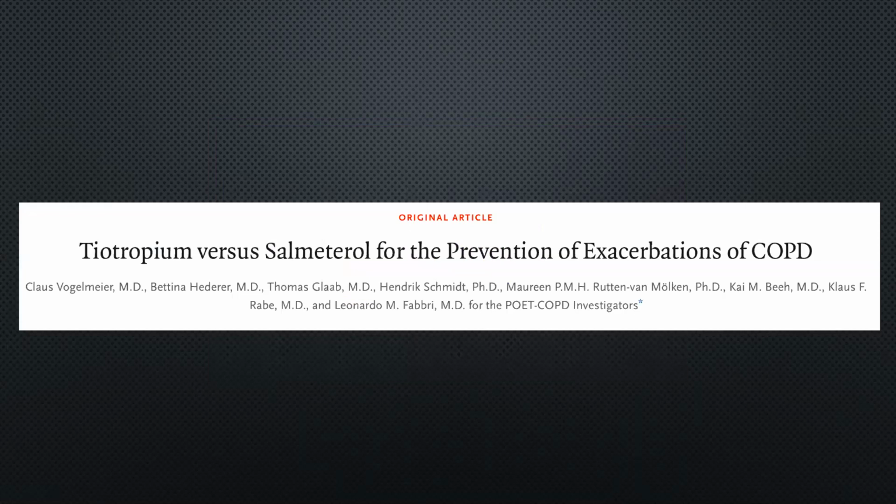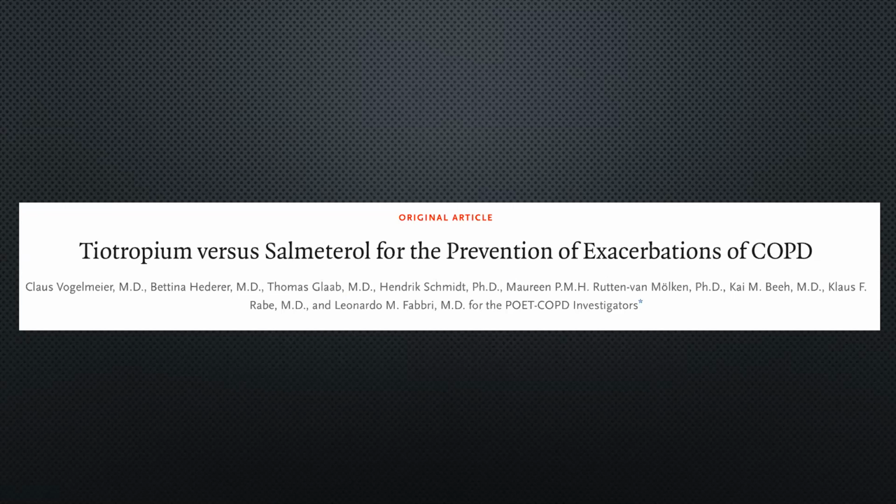So this was a study done in the New England Journal of Medicine. It was a 1-year randomized, double-blinded, double-dummy parallel group trial that compared 18 micrograms of tiotropium once daily to salmeterol. It was a large study, about 7,000 patients were randomly assigned.